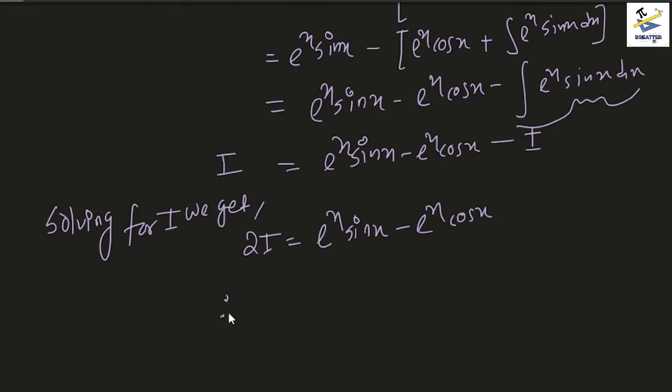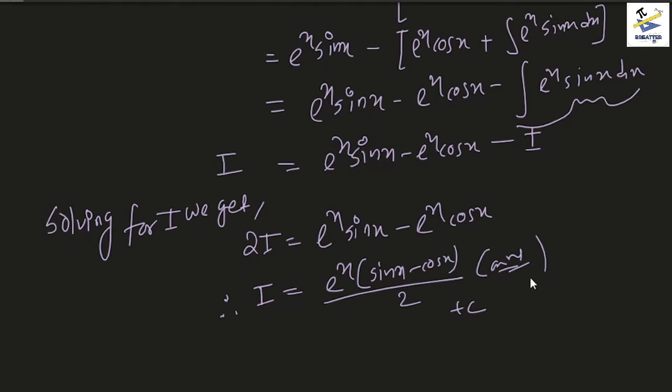Therefore I is equal to e to the power x whole into (sin x minus cos x) by 2, and obviously there is a plus c, which is the answer.